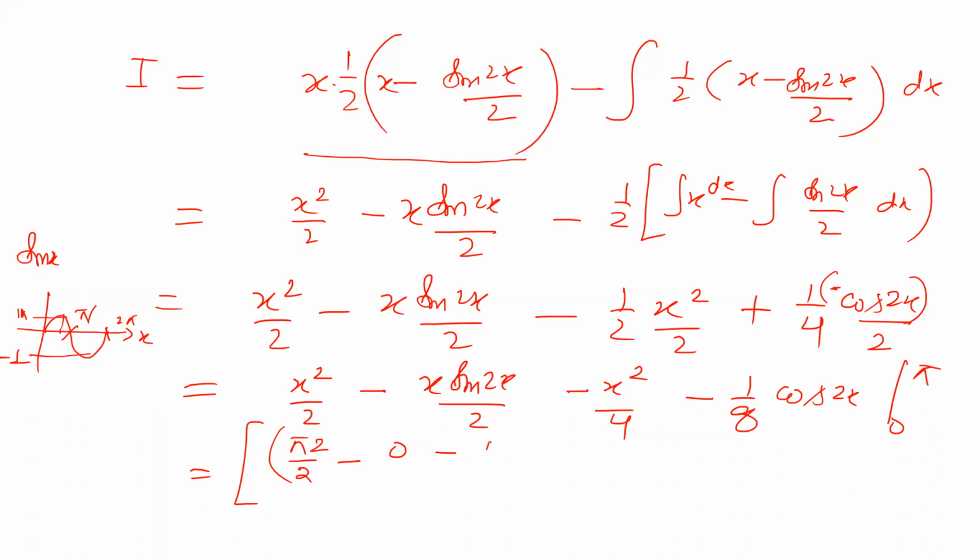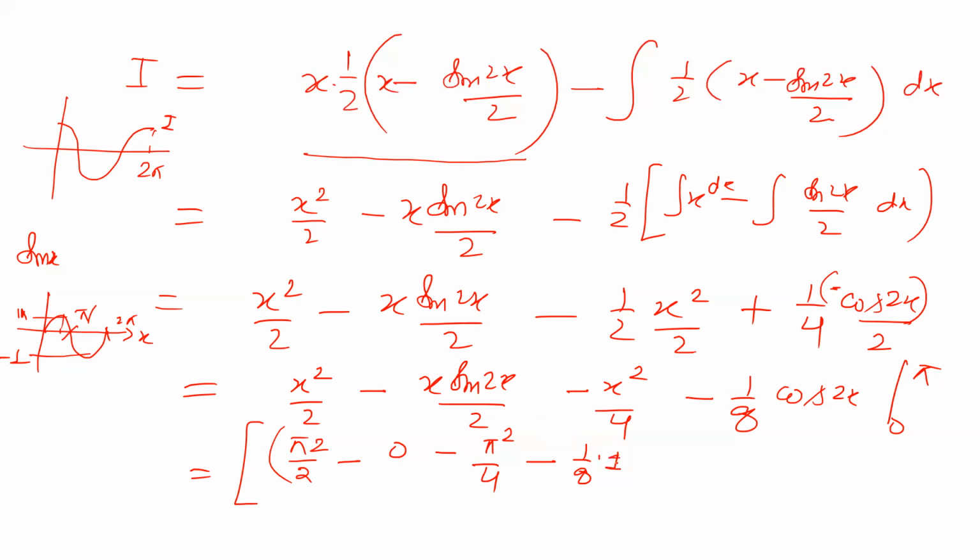You will get here pi square by 4 minus 1 by 8 cos 2x pi. What is the 2 pi value? This is my cos function. This is my 2 pi. You will get 1 value.